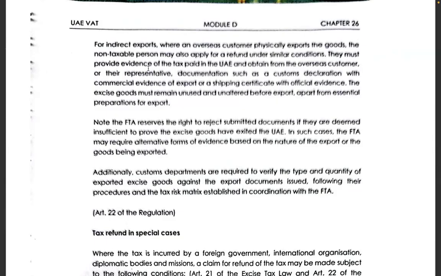They must prove evidence of the tax paid in the UAE and obtain from the overseas customer or their representative documentation such as a customs declaration with commercial evidence of export or a shipping certificate with official evidence. The excise goods must remain unused and unaltered before export, apart from essential preparations for export.